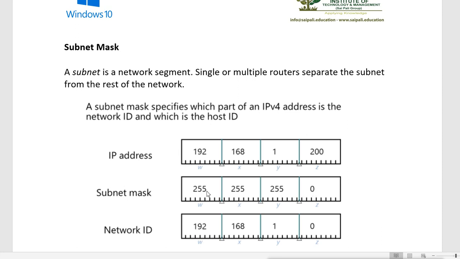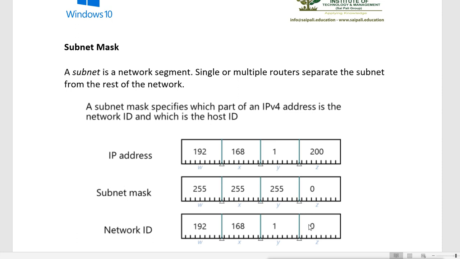Now 255 means it is the network part, and 0 means it is the host part. 255 means all the bits are on, and 0 means all the bits are off. So on bits mean network and off bits mean host. If this is the IP 192.168.1.200 with the subnet mask 255.255.255.0, that means the first part, 192.168.1, is the network part, and the network ID is 192.168.1.0, where the host ID is 0.